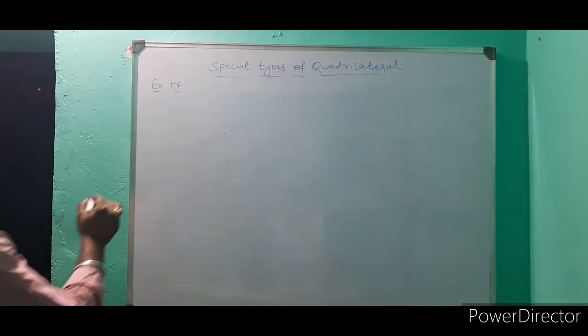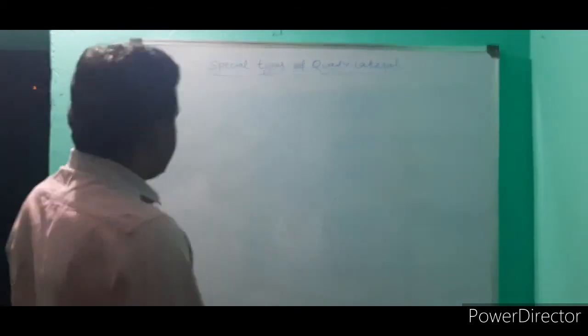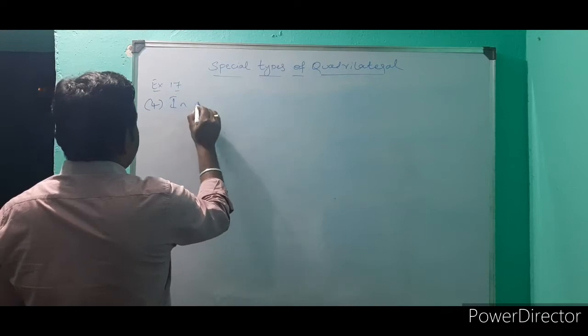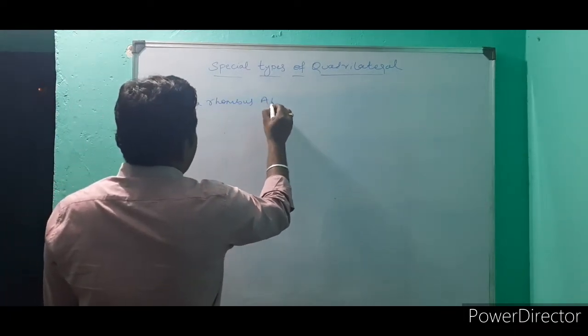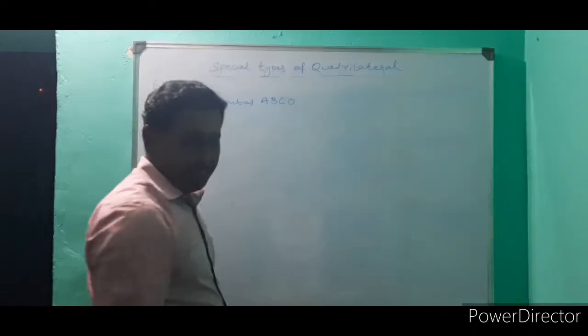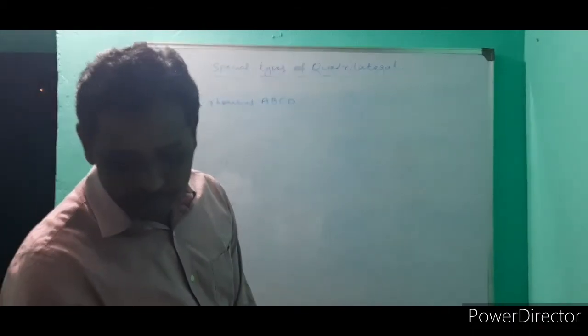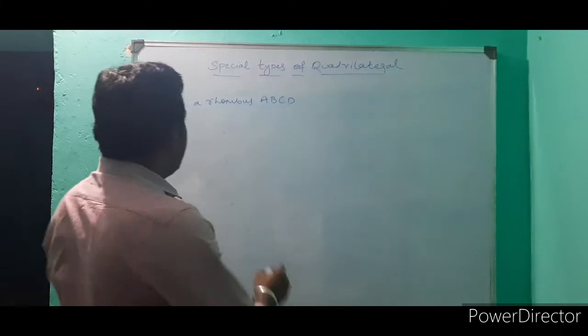Next problem, the fourth one. In a rhombus ABCD, two conditions are given.